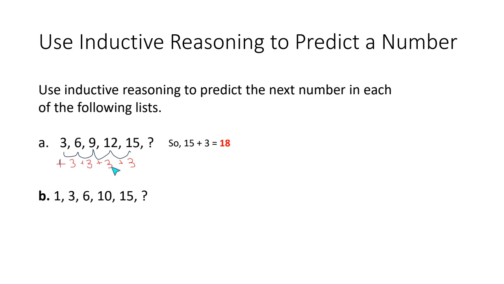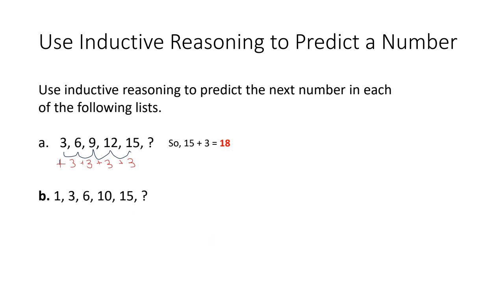In A, we were just adding 3 all the way across. But here, if we were trying to add a number, we would have 1 plus 2 is 3, but 3 plus 2 is not 6, right? So 1 plus 2 is 3, 3 plus 3 is 6, 6 plus 4 is 10, 10 plus 5 is 15.